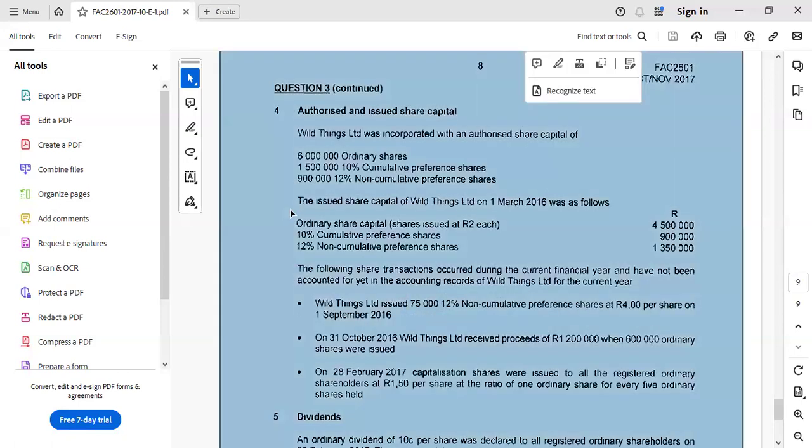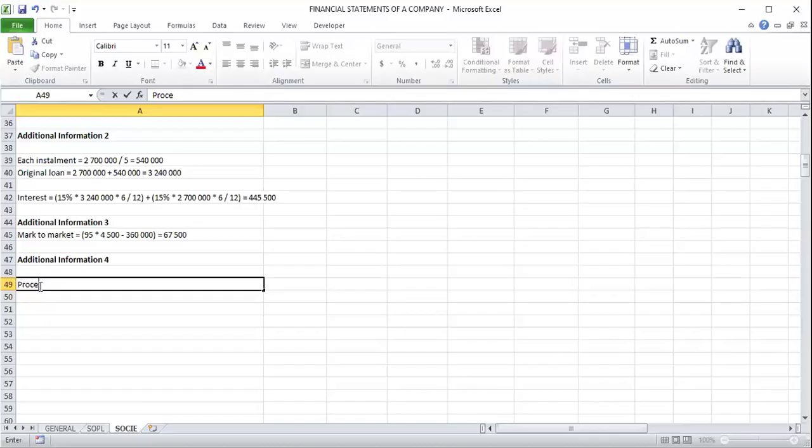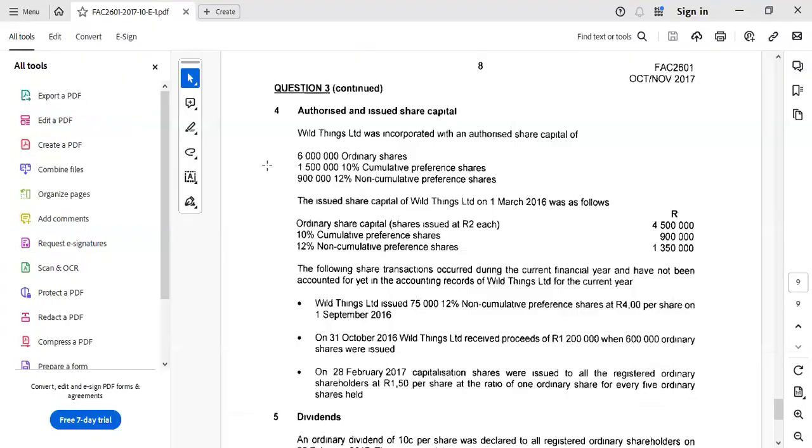So they have proceeds from issue of non-cumulative preference shares, which will be equal to 75,000 times 4.